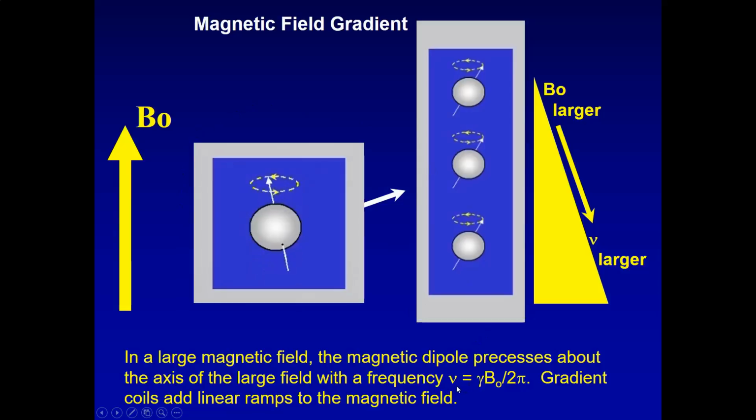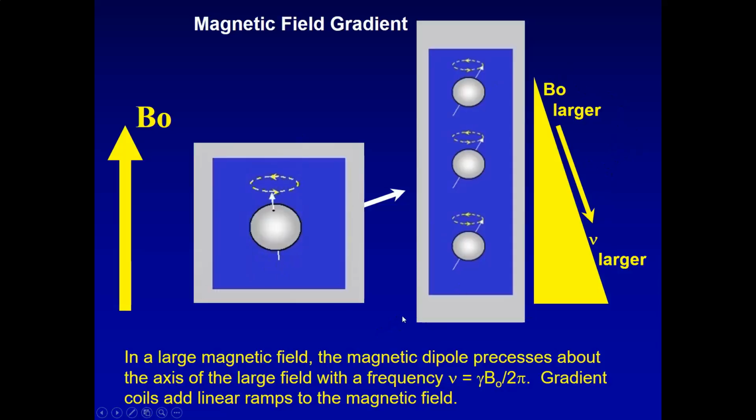It's precessing with a frequency equal to gamma times B0 over 2 pi, depending on what units of gamma you use. But the main thing to remember is it's gamma times B0. So any variation in B0 causes the frequency to change. This gradient coil does exactly that. It changes B0 according to the location in the scanner.